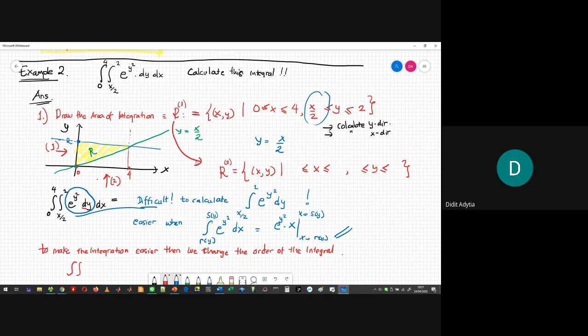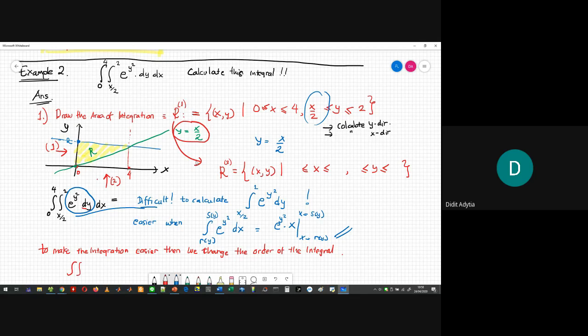Oke. Jelas gak nih? X-nya berasal dari berapa? X-nya kalau kita lihat, benar nggak? So that we have X is actually ini ya. Y is X over 2.